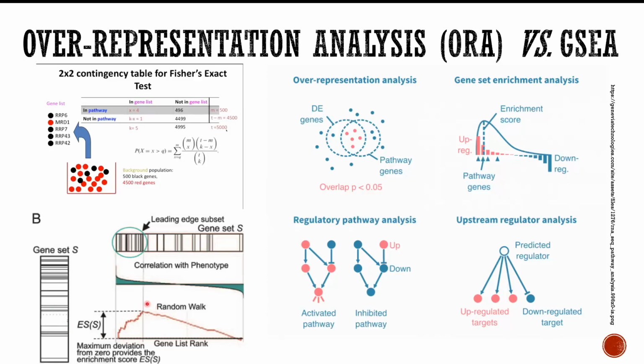The total score is represented by the peak in this plot, and the genes contributing to this peak are known as the leading edge subset. For ORA analysis, we only need one gene list, nothing more, but for GSEA, we need the whole dataset.